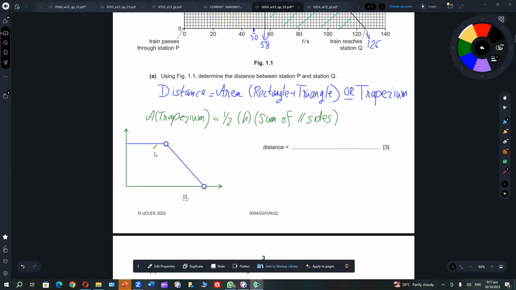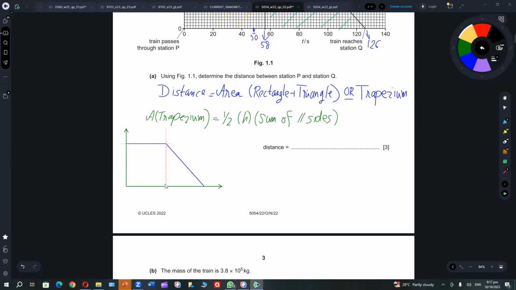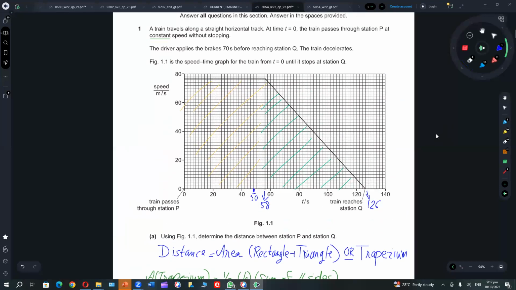For simplicity, I am making the figure here, so I can convince the examiner what I'm doing. These are the sides. Now, time to read this number. I have made a line here. What is this number?